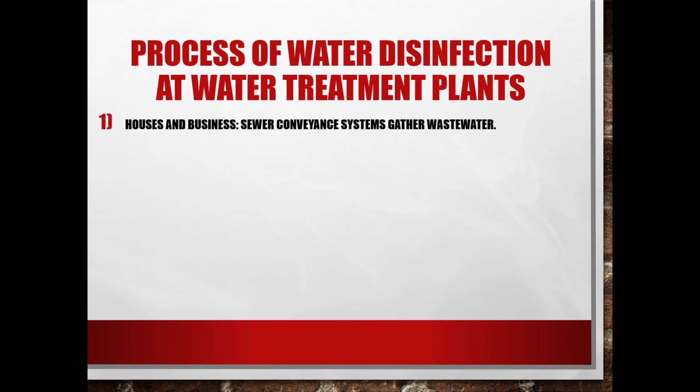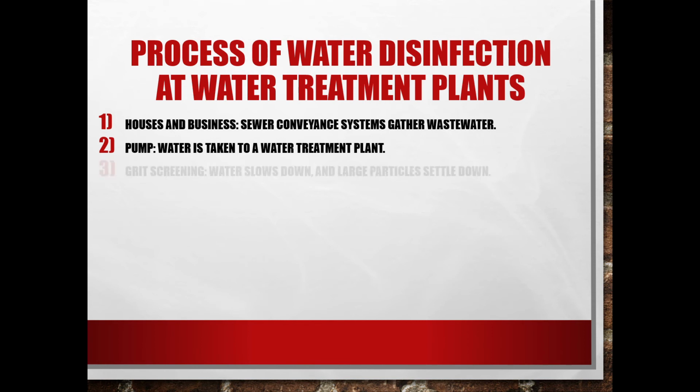So, number one will be houses and businesses. And from there, sewer conveyance systems gather wastewater. So all of the wastewater that you have at home will be put all together and it will be redirected to a treatment plant. Then we have a pump, which is when water is taken to a water treatment plant.